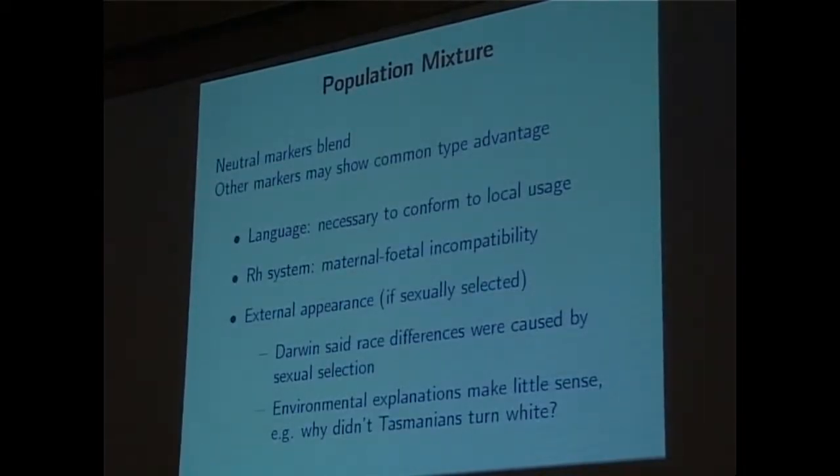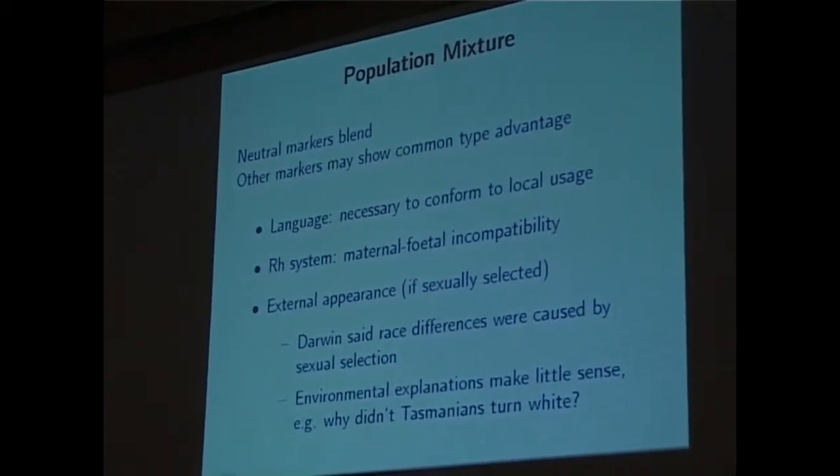But populations mix. Now, I want to, again, throw out a hypothesis, just for something for you to think about. When populations mix, neutral markers blend. We take two populations, one that's all A and one all B, and let them mate, and they end up half A and half B. But a lot of other markers that we use as anthropologists probably don't blend.